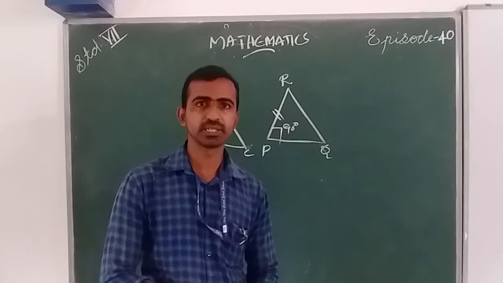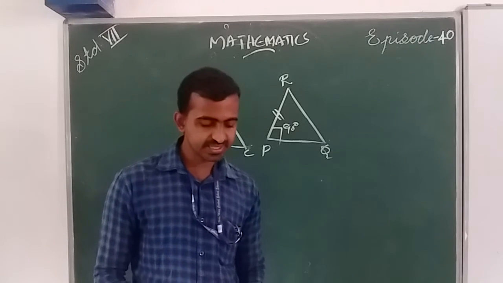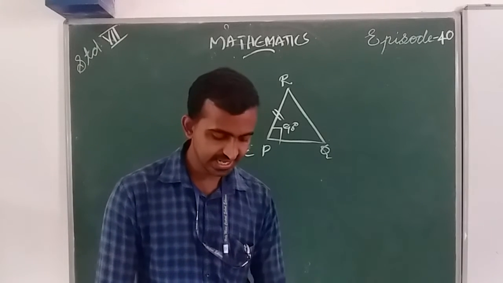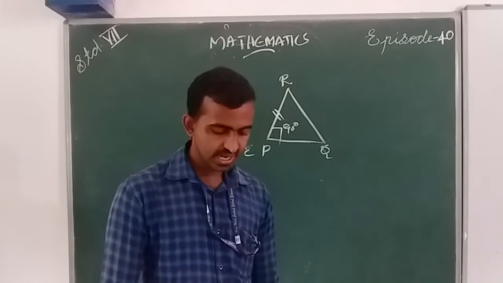The third is for homework. The fourth question is: a triangle with AB equal to AC and AD is one of its altitudes.